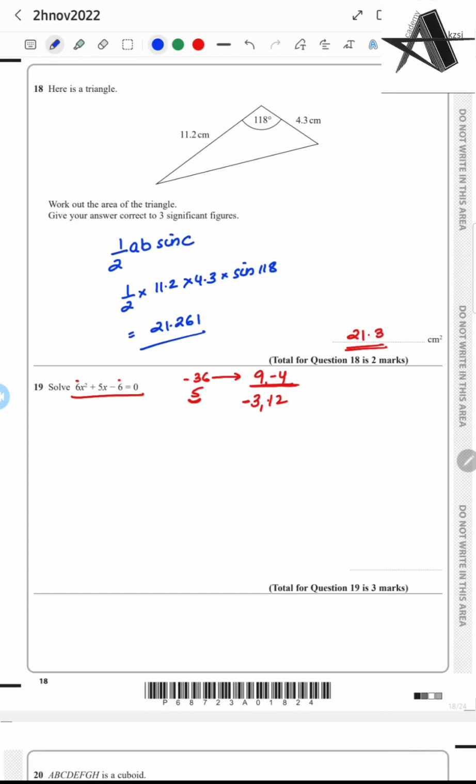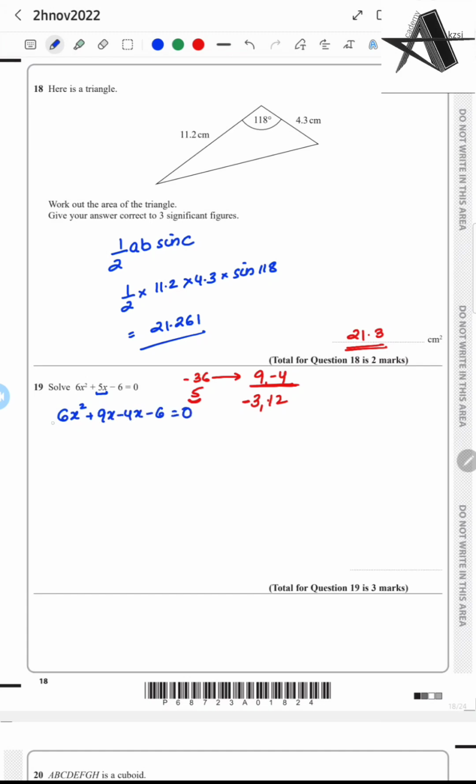So I can say splitting the middle part. Don't write, this is the common mistake, x plus 9, x minus 4, and that's the final answer. No, it's not the final answer. That's a direct shortcut when the coefficient of x squared is 1. Here the coefficient of x squared is not 1. So we need to do the conventional method, that is splitting the middle part. 6x squared, and this can be split into plus 9x minus 4x minus 6.